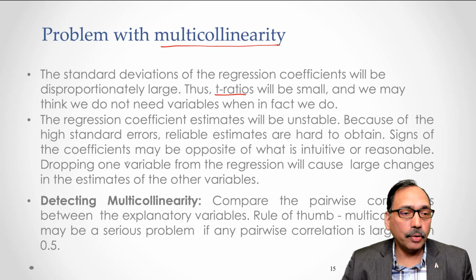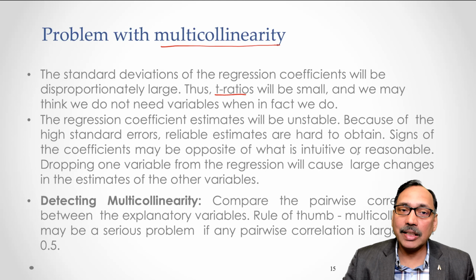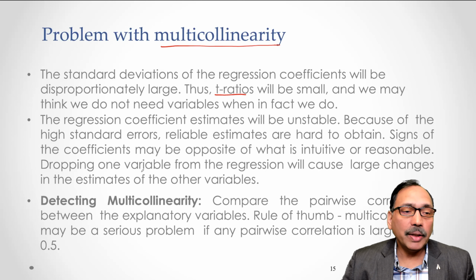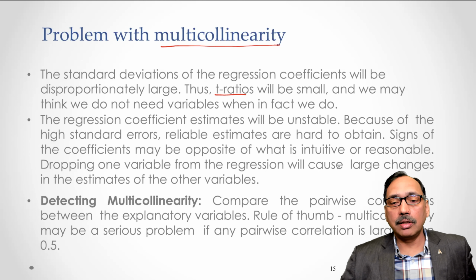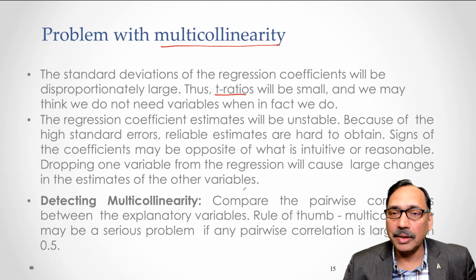And signs of the coefficients may be opposite of what is intuitive or reasonable. Sometimes even the sign can change: one time it is plus, other time it can become minus. Dropping one variable from the regression will cause large changes in the estimates of other variables.